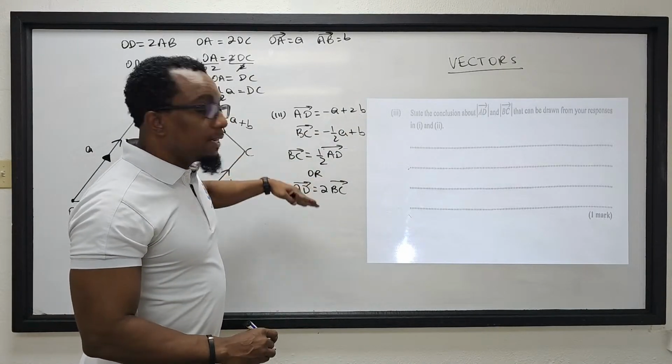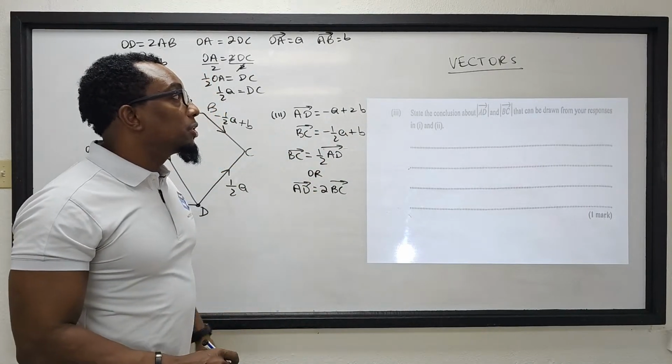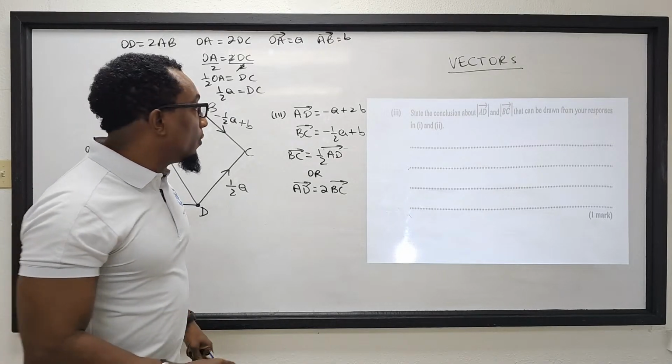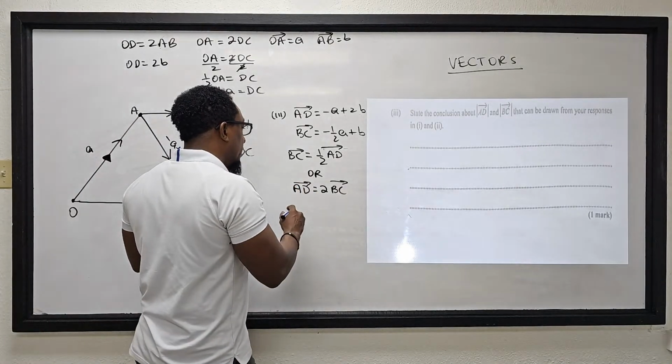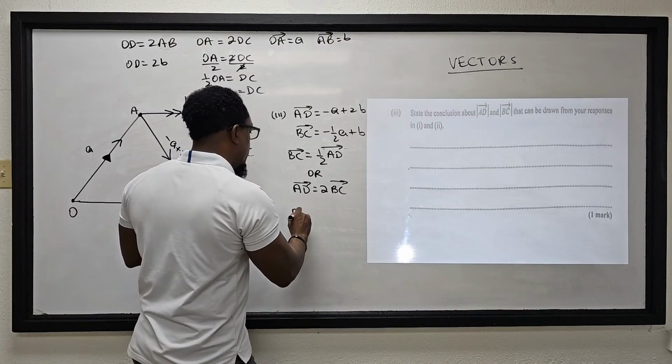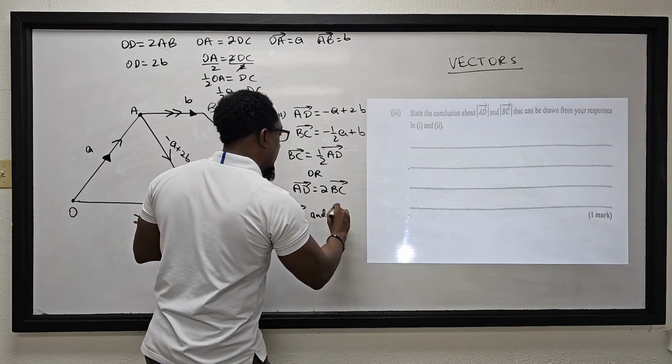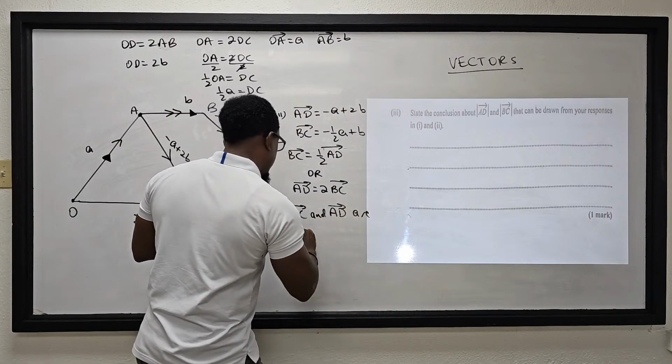So you can write it either way, showing that there is a proportional relationship, which proves that vector BC and vector AD are parallel.